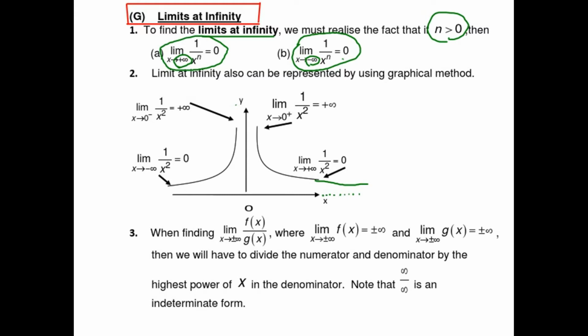So, the limit as x approaches positive infinity of the function 1 over x squared equals 0. When x approaches negative infinity, y approaches 0. So, the limit as x approaches negative infinity of the function 1 over x squared equals 0.